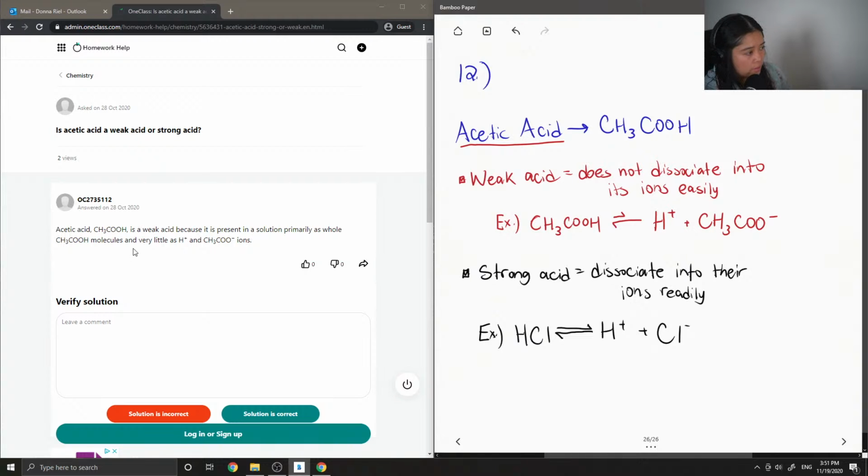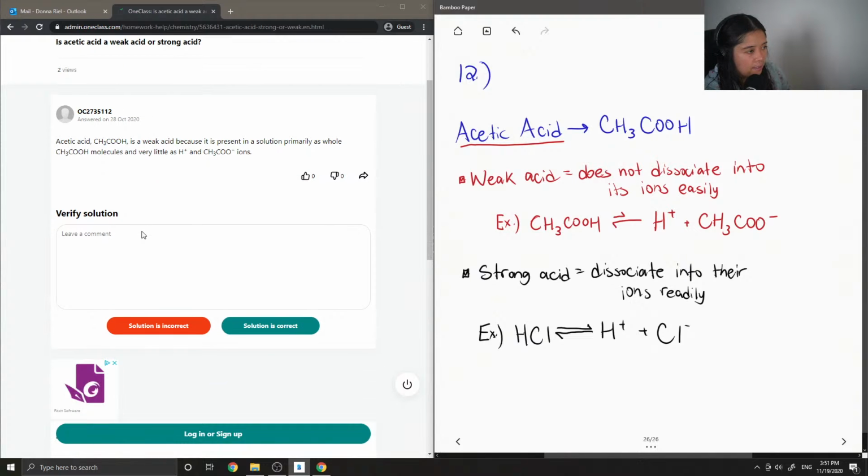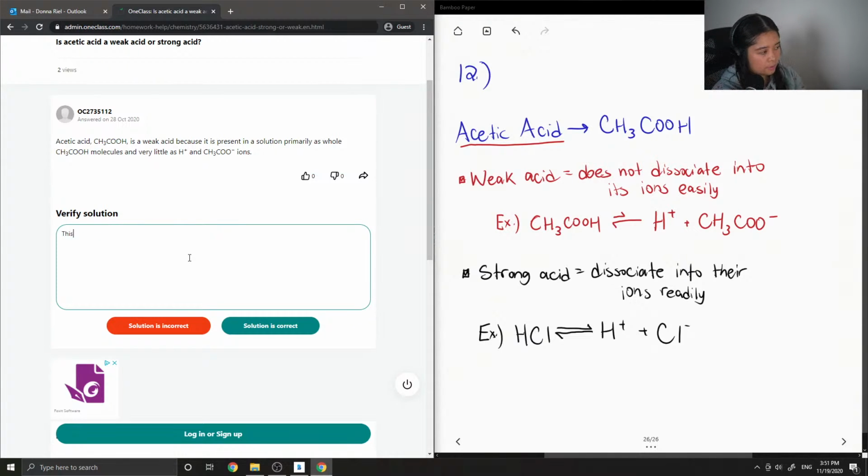Okay, so the junior tutor said acetic acid, CH3COOH, is a weak acid because it is present in a solution primarily as whole CH3COOH molecules and very little as H plus and acetate ions. Yep, so this solution is correct.